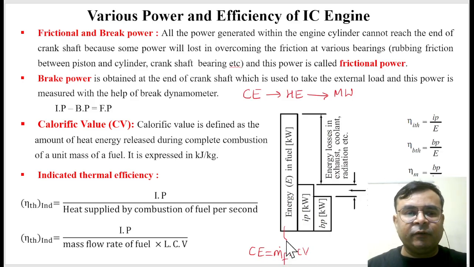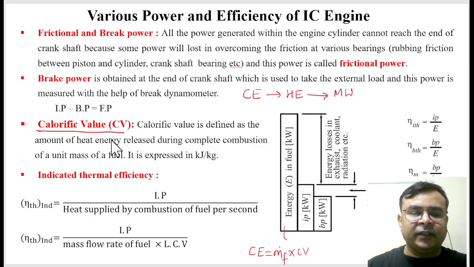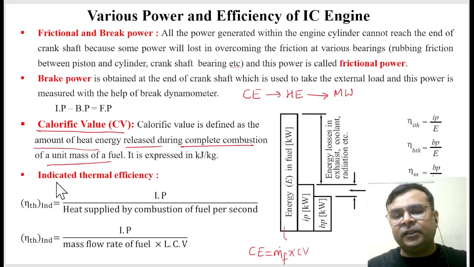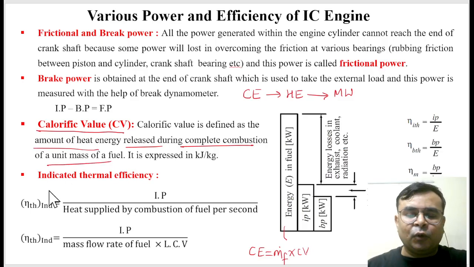CV is the calorific value. You can see it is written here. Calorific value is defined as the amount of heat energy released during complete combustion of unit mass of fuel. Meaning if you have 1 kg of coal, and you completely burn that coal, then how much energy it releases is called the calorific value.